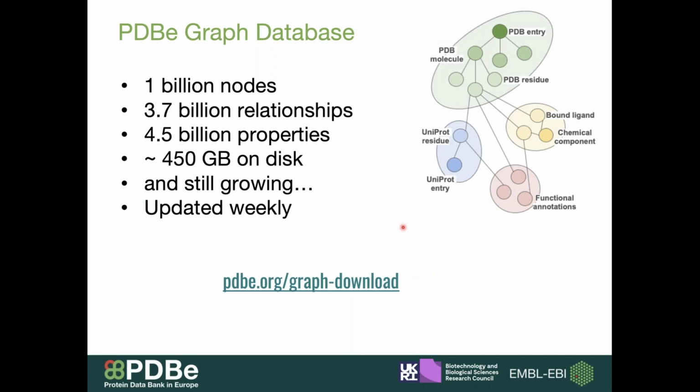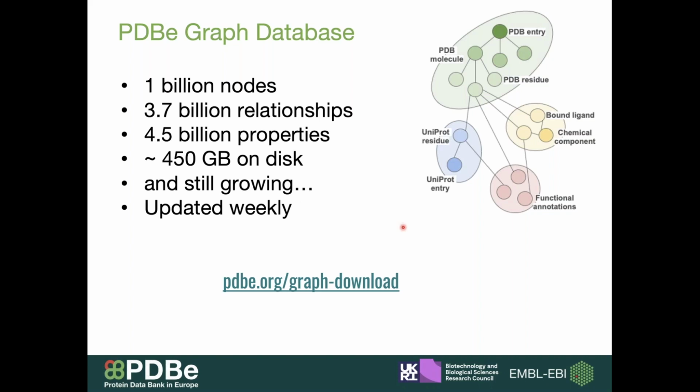So let's talk about some stats on PDBe Graph Database. Currently, we have about 1 billion nodes, close to 4 billion relationships, and more than 4 billion properties. It comes to about 450 gigabytes of data on disk and is still growing.